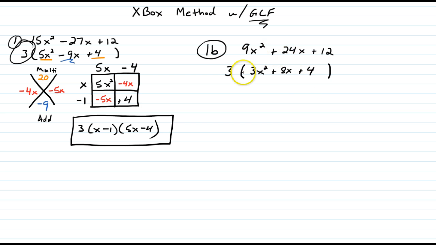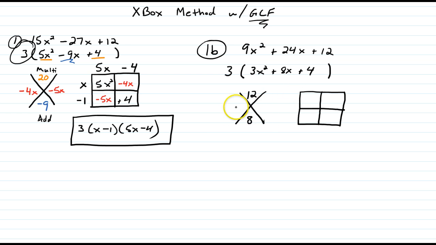So now you want to do the X-box method on this. What numbers are going to go on the top of the X? What number is going to go on the bottom?